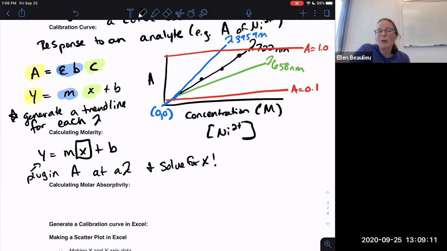How are you going to then calculate molar absorptivity? Well, here's Beer's law again. You want to know the molar absorptivity.